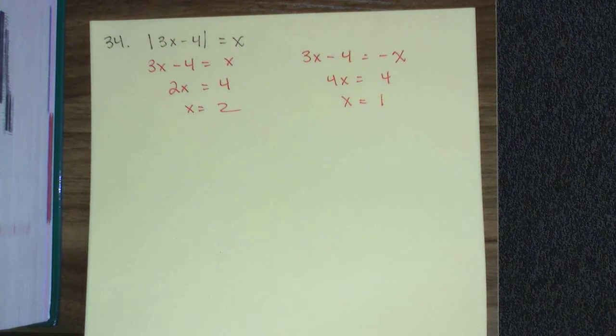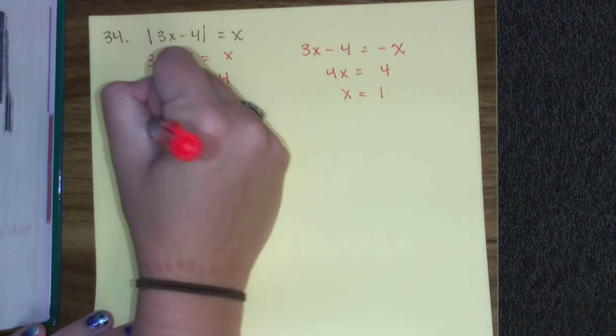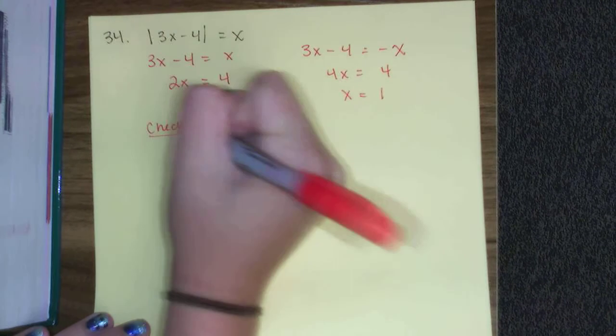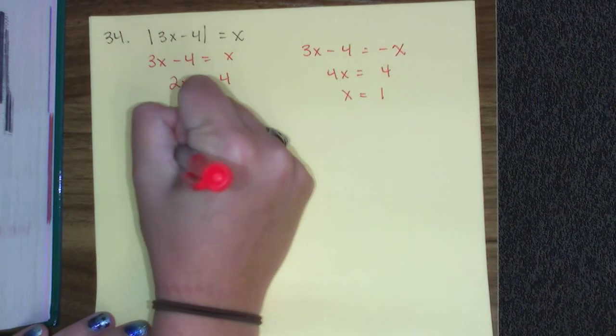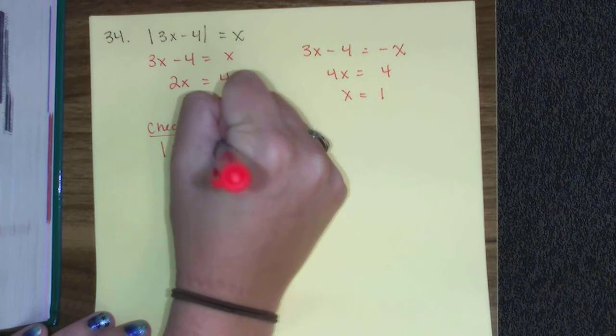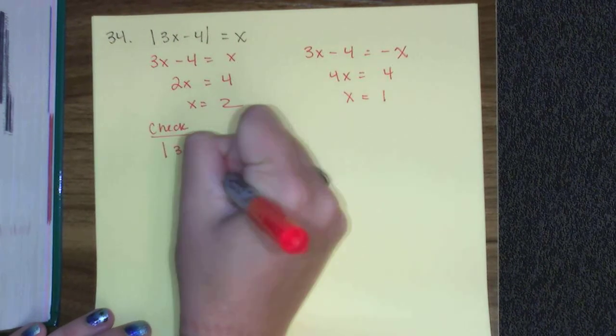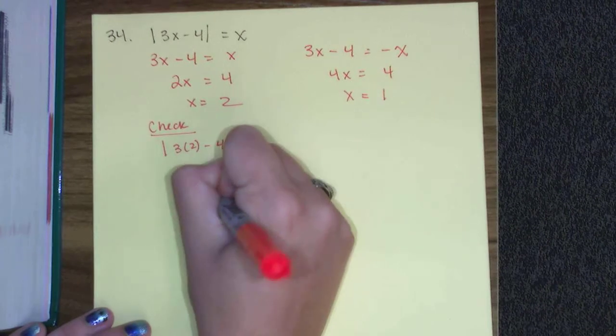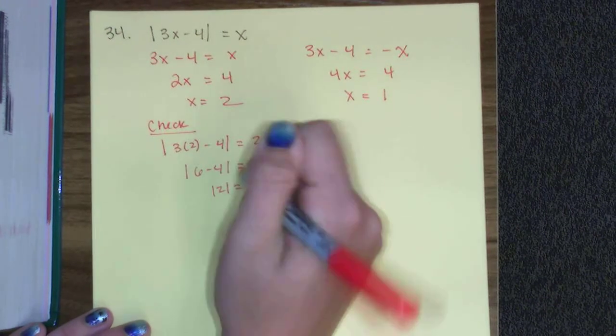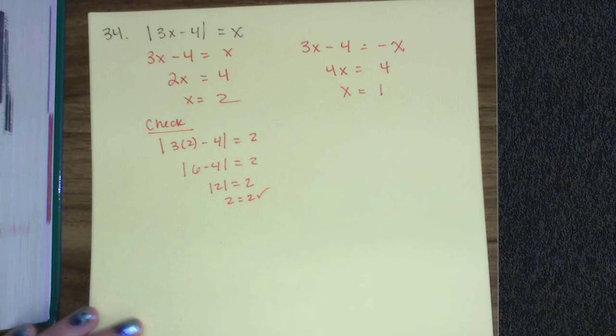So now we have to check them back in the original equation. Okay, so I'm going to go up here, and I'm going to check them. So the absolute value of 3 times 2 minus 4 is equal to 2. The absolute value of 6 minus 4 is equal to 2. Absolute value of 2 is equal to 2. 2 is equal to 2. So that one is good.